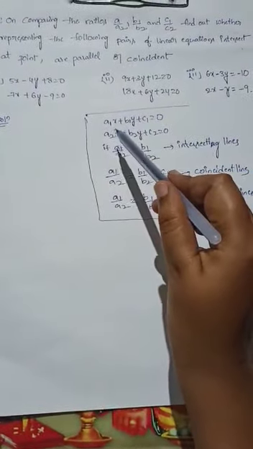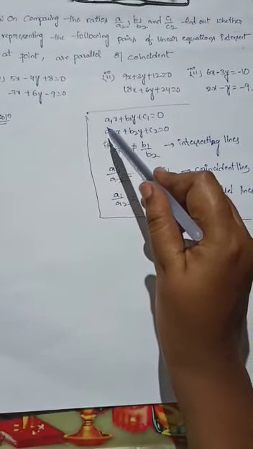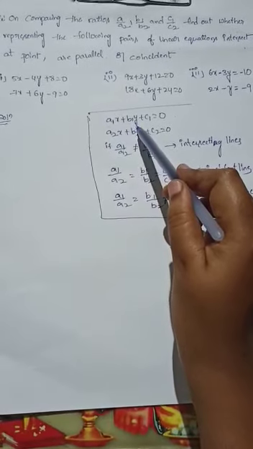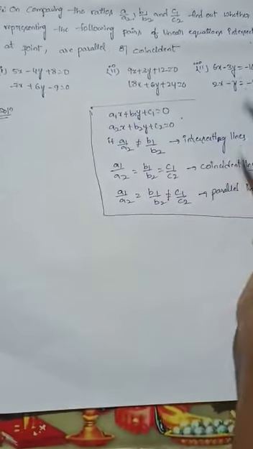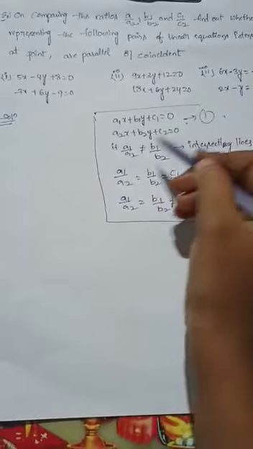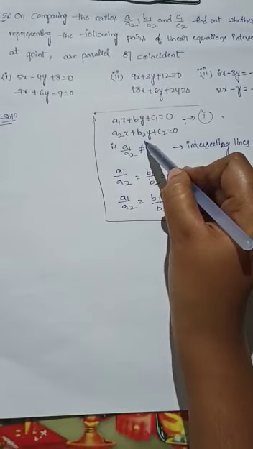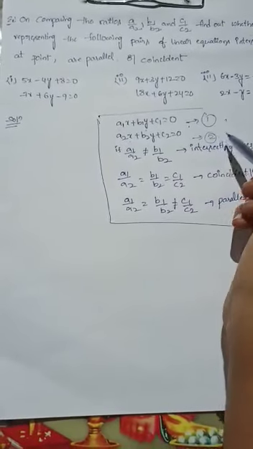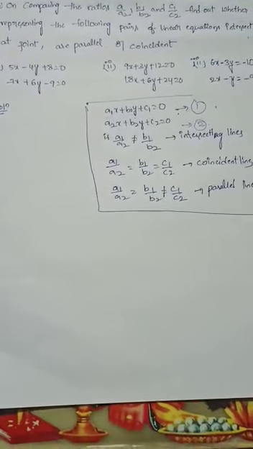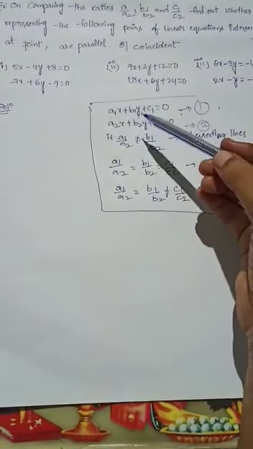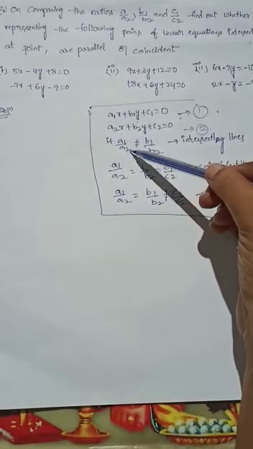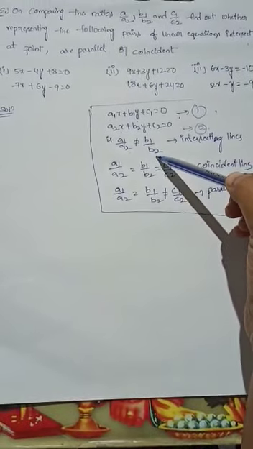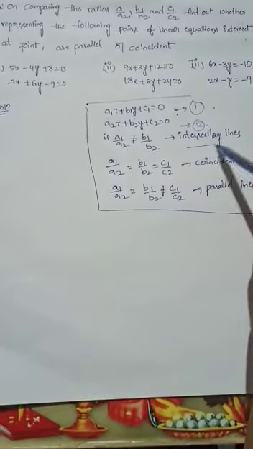If our pair of linear equations is in the form a1x plus b1y plus c1 equal to 0, this is our equation 1, and the next equation is a2x plus b2y plus c2 equal to 0, then we have to compare the ratios. If a1 by a2 is not equal to b1 by b2, then these two lines are intersecting lines.